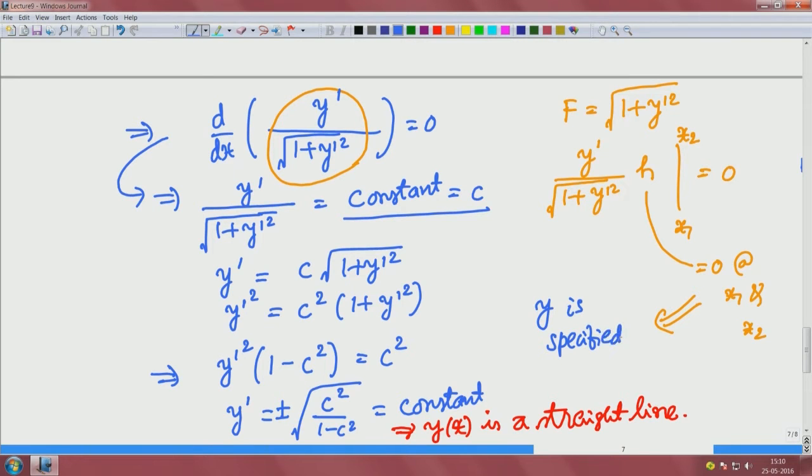Again, remember, this is because y is specified at either boundary. So, here at both ends we have what is called an essential boundary condition, or Dirichlet boundary condition. Later we can take an example where we do not specify y, then there will be a natural boundary condition, Neumann boundary condition. Okay. Let us take an example that actually gives us that natural boundary condition as well.